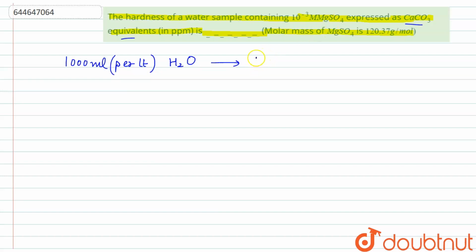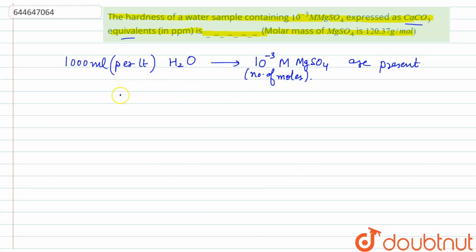So there is molarity given, that is 10 to the power minus 3. So the number of moles of MgSO4 present is 10 to the power minus 3. So this is the number of moles given.